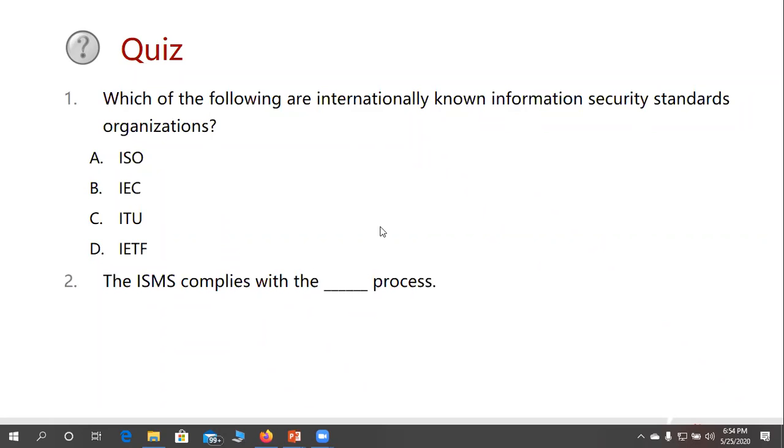You don't have such a type of question, but it has the plan, do, check, and act process. In this course, make sure that you read and understand each and every sentence on a particular topic. When you are supposed to pick more than one answer, you are going to be shown that you have to pick multiple answers.